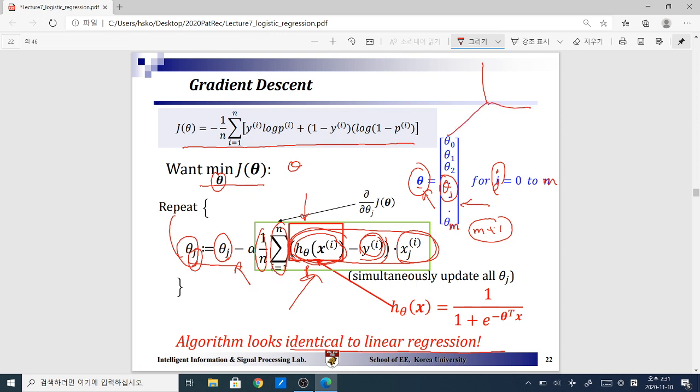Just to show, for example, if this is theta 1 and theta 2, and this is the error function with respect to theta 1 and theta 2, you would have some sort of an error surface that looks like this with a global minimum.